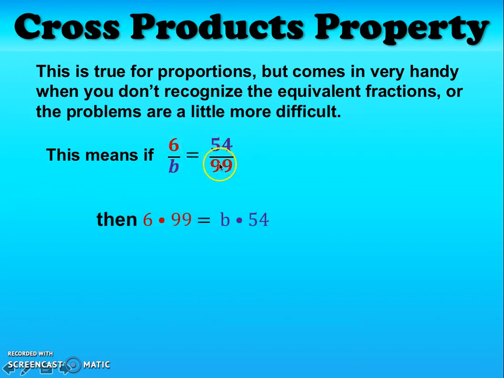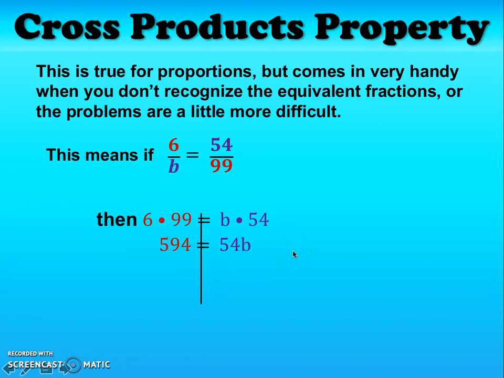Now you could use a calculator, but if you don't have one, think what's 6 times 90? That's 540. 6 times 9 is 54. 540 plus 54 is 594. And B times 54 is 54B.